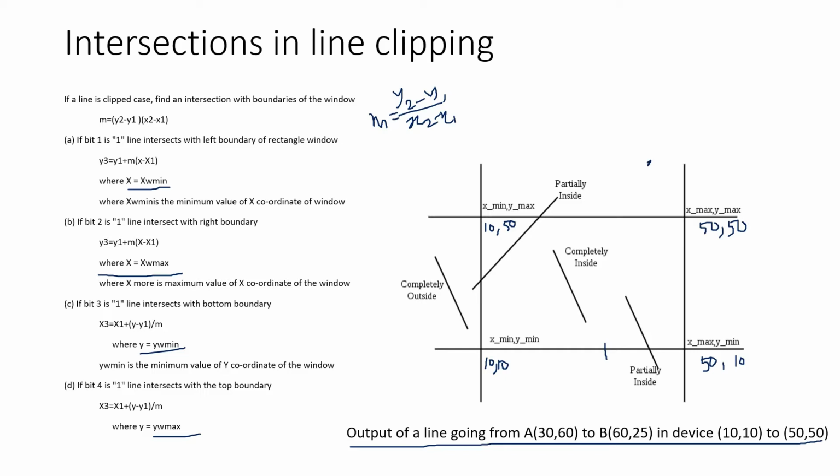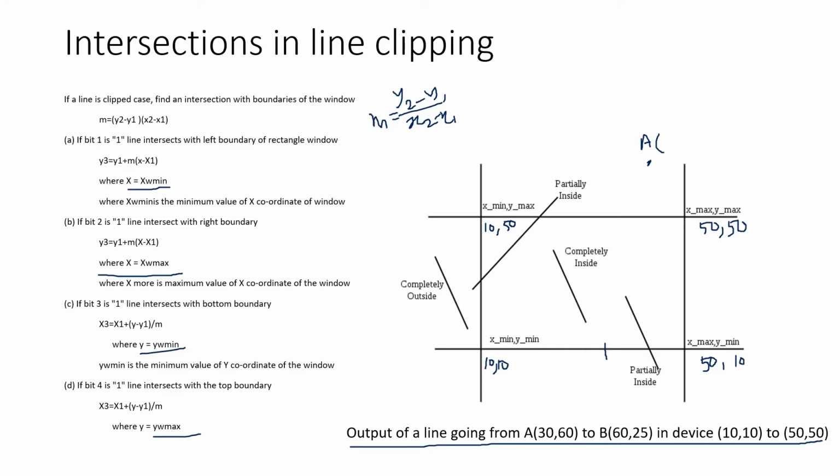So let's say that this is 30 comma 60, the A point, and let's evaluate where that B point is lying.